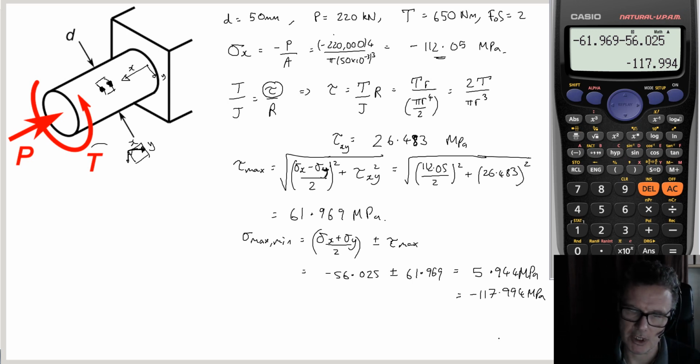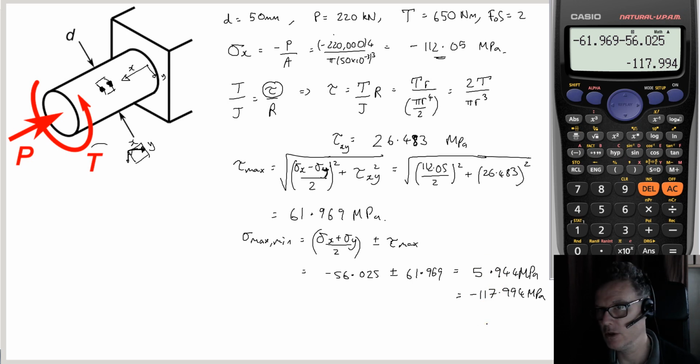But in this particular case, we might be more worried about the 5.94 because it's a positive tensile stress than the minus 117.994 negative stress. But those are the two things that you would want to compare, and then you want to compare it against your experiments of when you try to pull it apart or squash it. And that would be the other stress value that you'd be interested in.